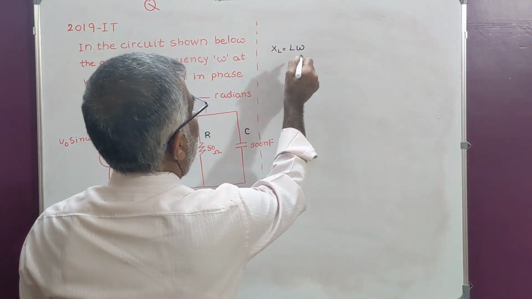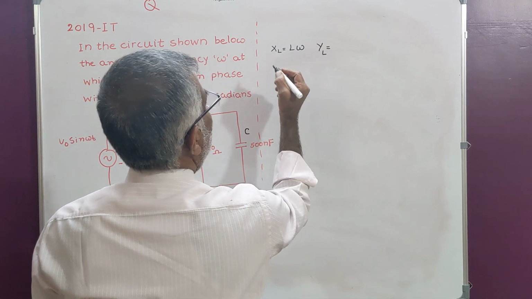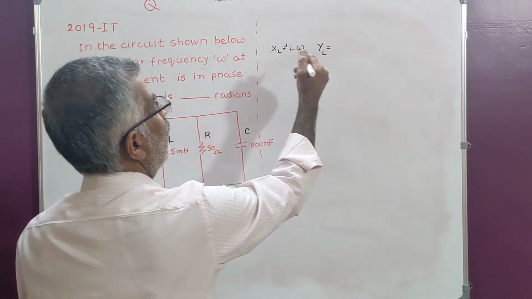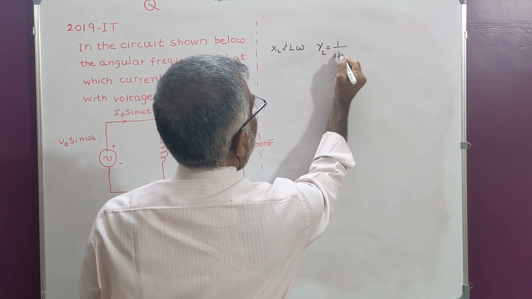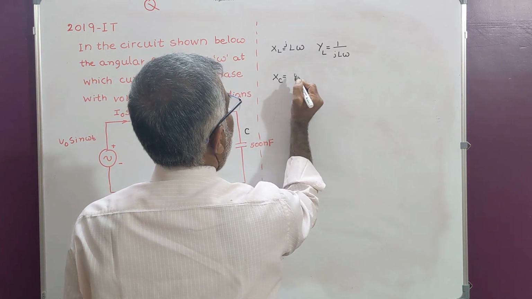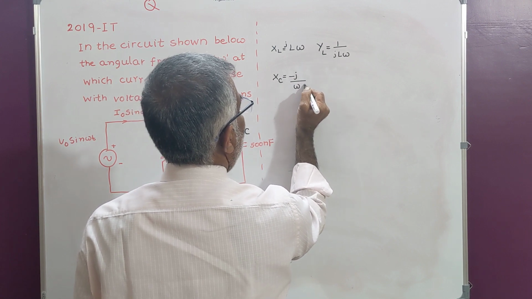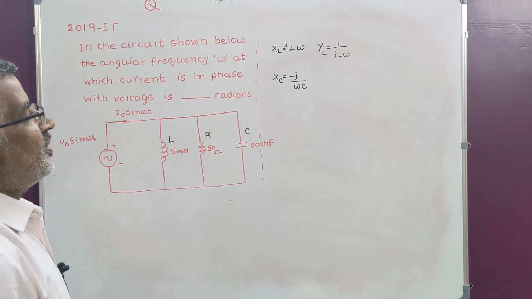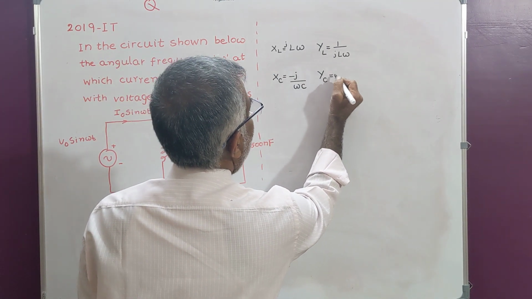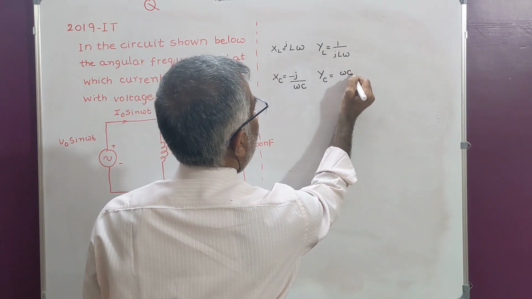The admittance is the reciprocal of that. As you know, XL is represented as jL omega, and the reciprocal of that is 1 by jL omega. For the capacitor, XC is minus j by omega C, so its admittance is the reciprocal, omega C by minus j.